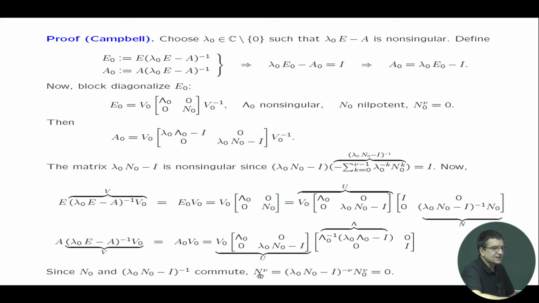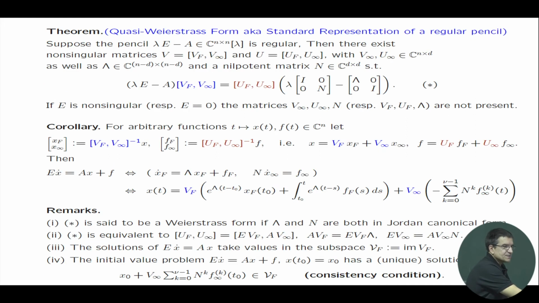So if I compute the power of this product, I can reorder terms so that the first factor is in front, and the last factor becomes the last factor. And then we get 0 because this factor is 0. So it's indeed nilpotent, and this is a proof for this relationship here.